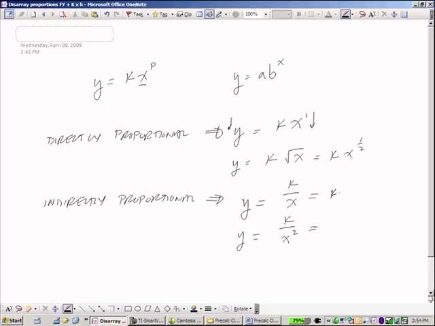As a matter of fact, this could be written as kx to the what power? Negative 1. Negative 1 from Algebra 2, right? And this could be written as kx to the -2. So all of these examples of indirectly and directly proportional are examples of power functions.